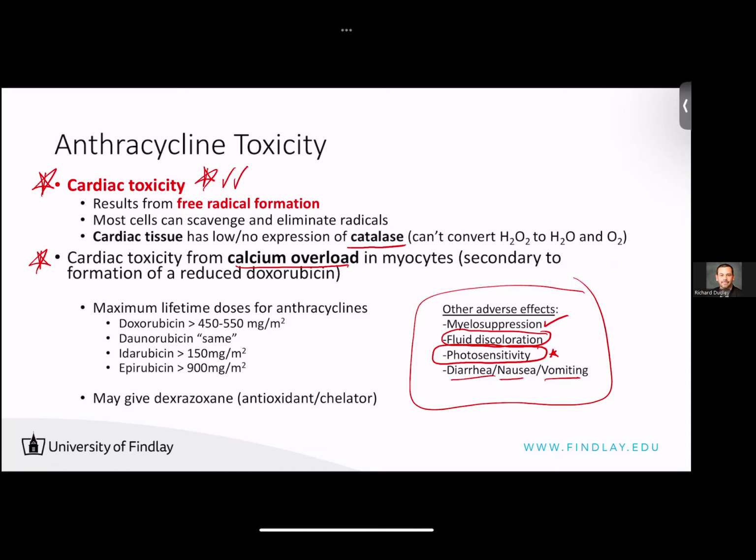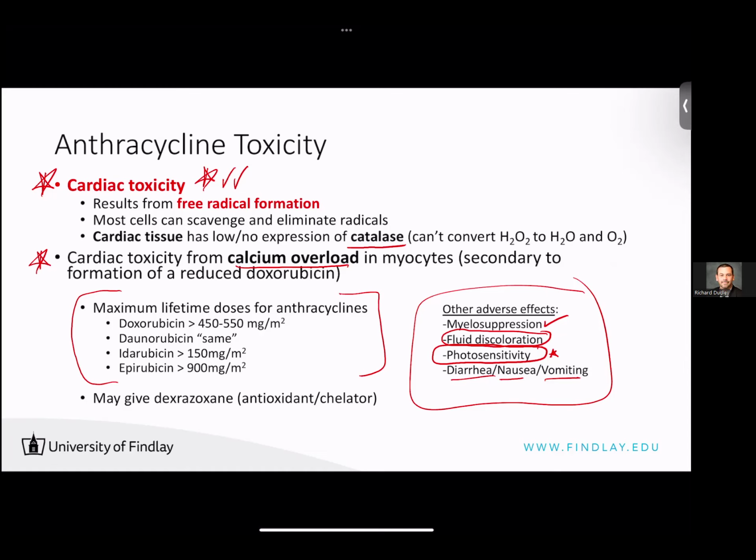These are dose-limiting toxicities. Again, we don't want to do more harm than good by giving a drug, so we have to have strategies to mitigate the toxicities associated with anthracycline administration. And one thing that we can do is we can monitor and limit the amount of anthracycline that any one patient gets in their lifetime.